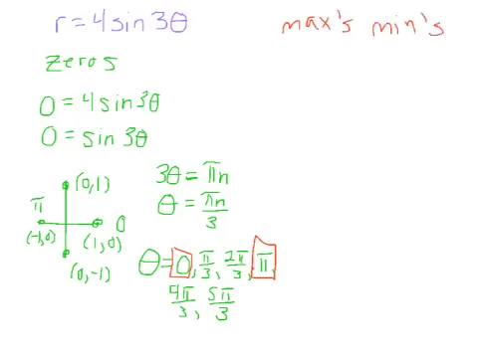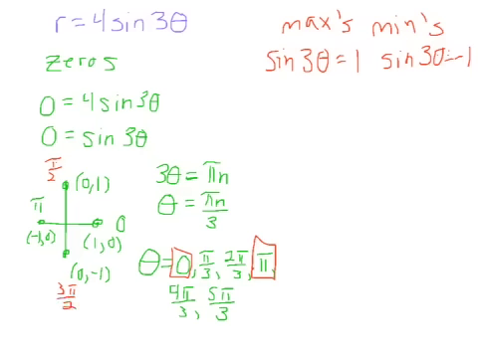So to find the maxes and the mins, first we need to set sine 3 theta equal to 1 and equal to negative 1. And looking back at our unit circle, we see that sine equals 1 at pi over 2. And sine equals negative 1 at 3 pi over 2.